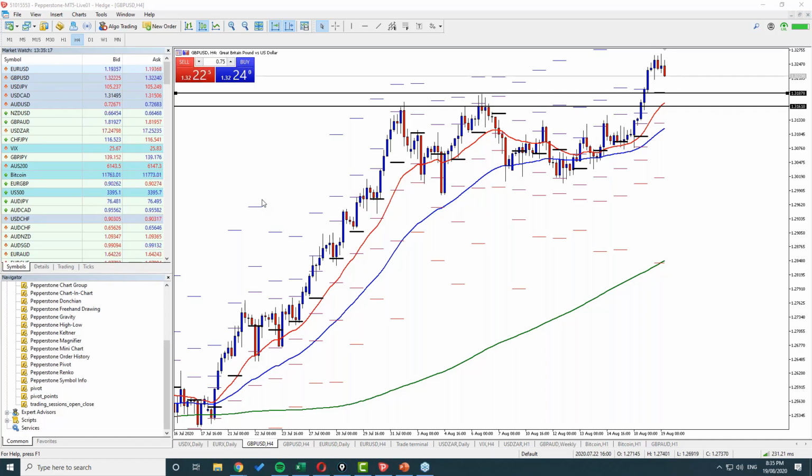If you're not aware that price is in that zone, you could be hoodwinked into believing that it's going to be an ever-moving trend that's not going to stop. So using them as a guide to identify where you can take some profit, lock in, move your stop loss up, and do all those things that protect your trade is a really important part of using these. So it's not just for entries, it's just as important for taking profit.